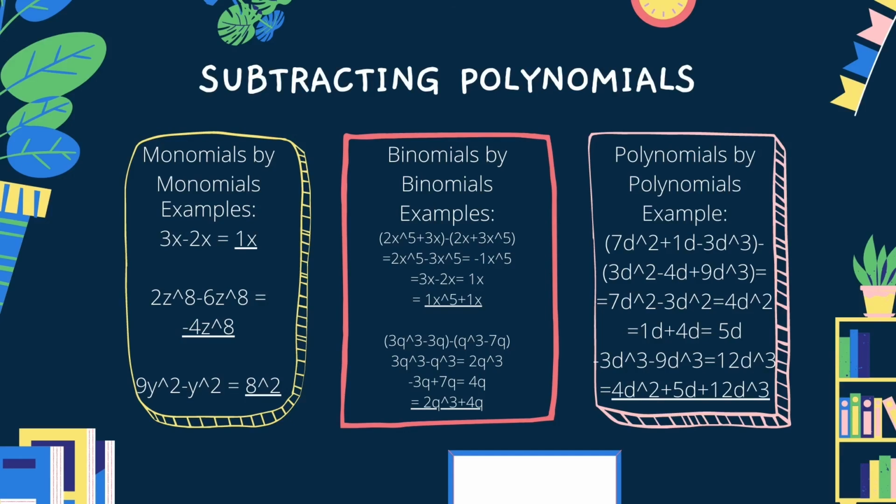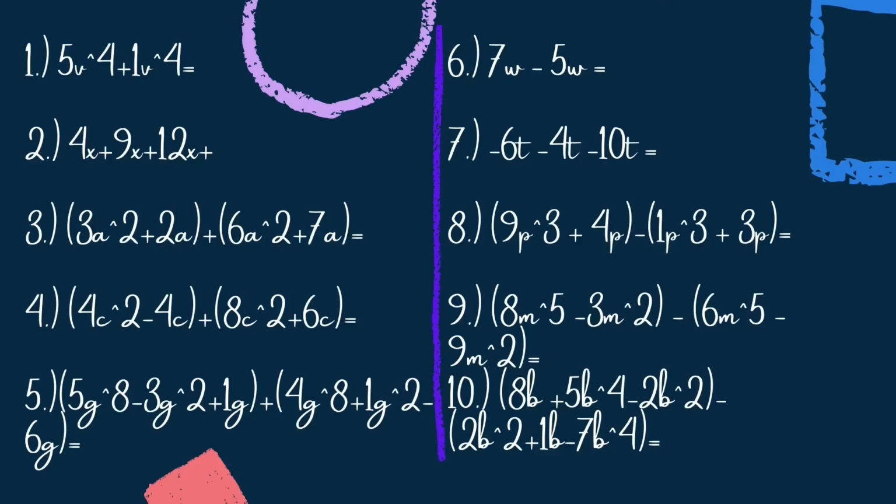Then 1d plus 4d, that's 5d. Then negative 3d cubed minus 9d cubed, that is negative 12d cubed. The final answer is 4d squared plus 5d minus 12d cubed. Here is an exercise if you guys want to answer.